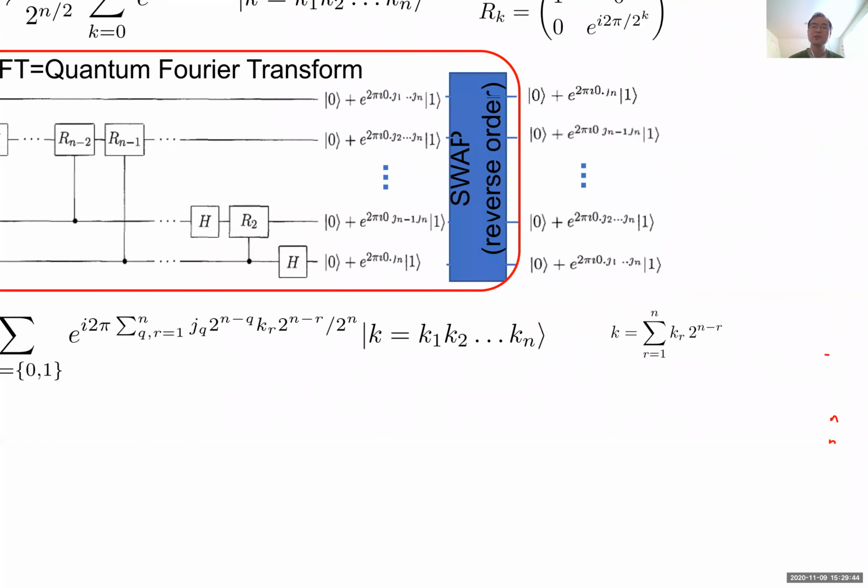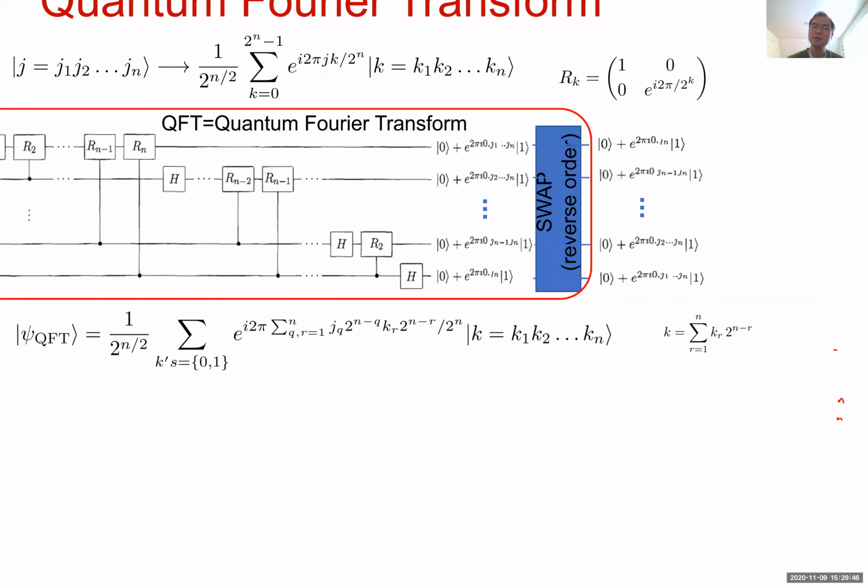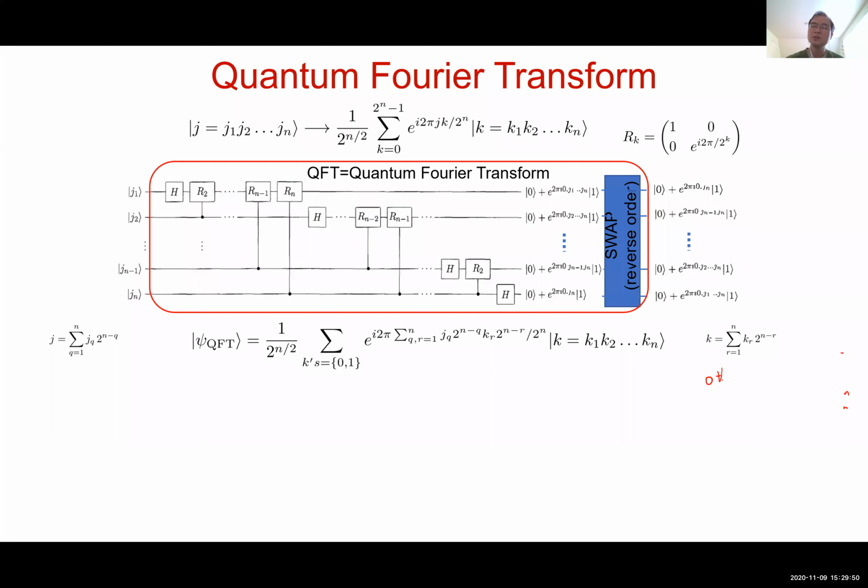This is the convention that's used, but other papers or books may use K equal to Kn, Kn minus 1, and so on. So be aware of the convention.